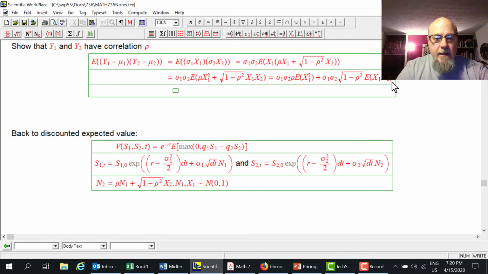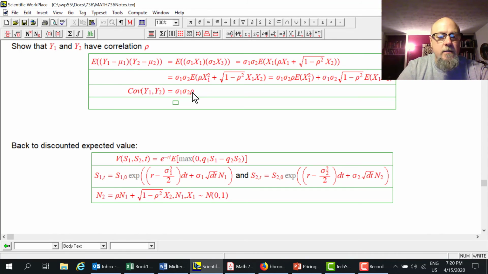So we end up getting the covariance of y1 and y2 is equal to sigma 1, sigma 2, the number rho. Oh yeah, that means rho is therefore the correlation, which is good.